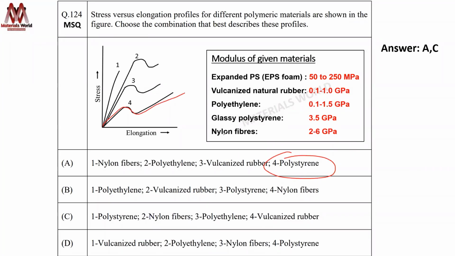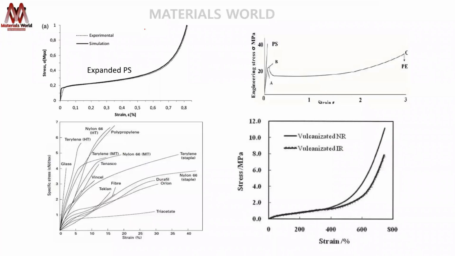Now, polystyrene could be this also, very brittle, right? Very high modulus. As you can see, polystyrene has very high modulus, 3.5 GPa. Some nylon could be inferior with respect to polystyrene. So as you can see here, your styrene is, this is real data, okay, brittle as compared to polyethylene.